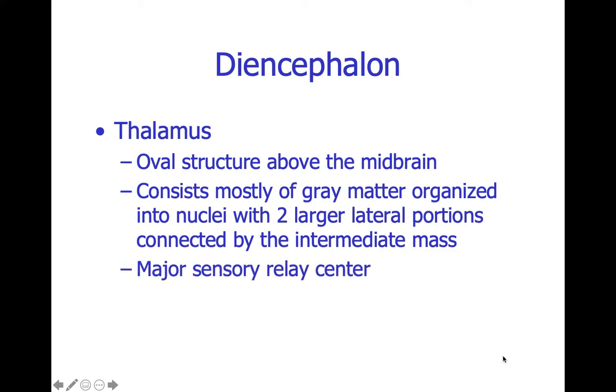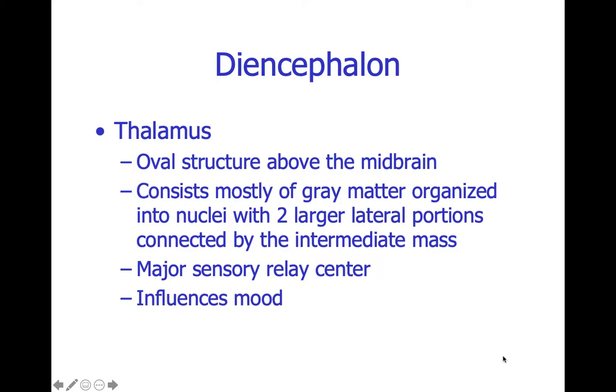It is a major sensory relay station. And again, this makes sense. It's in that pathway from the spinal cord up through to the higher, quote unquote, higher levels of the brain, the cerebellum and the cerebrum. It influences mood. This is the first time we speak of this, but understand it's the first of many.